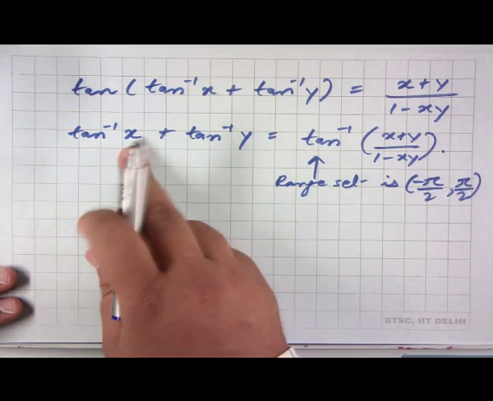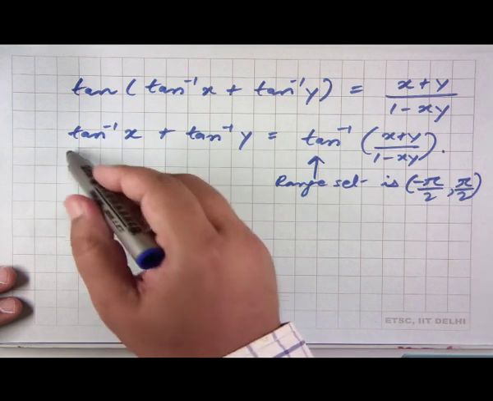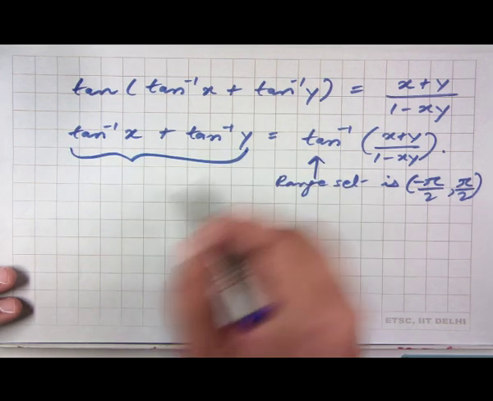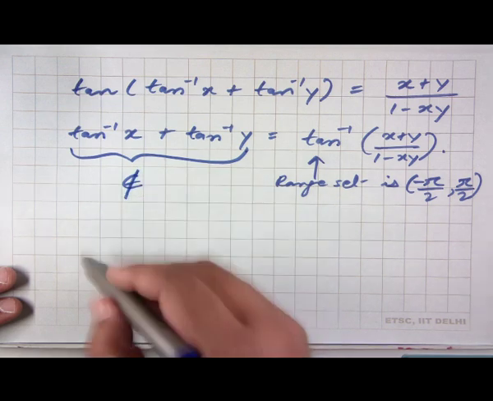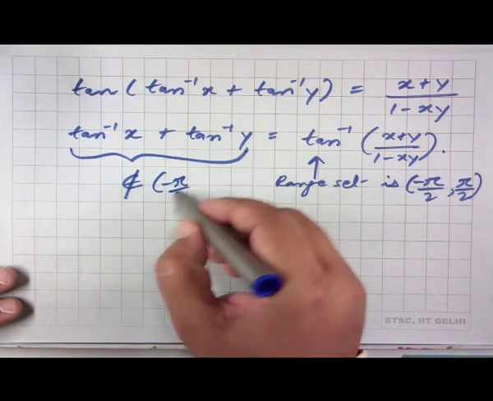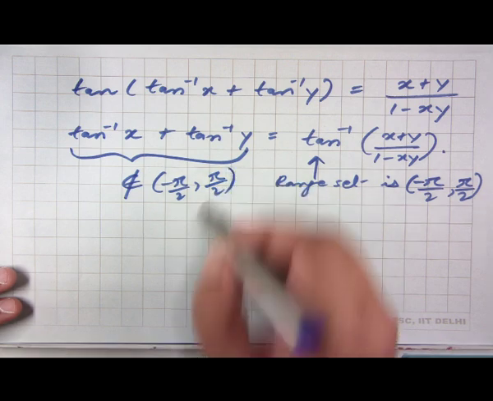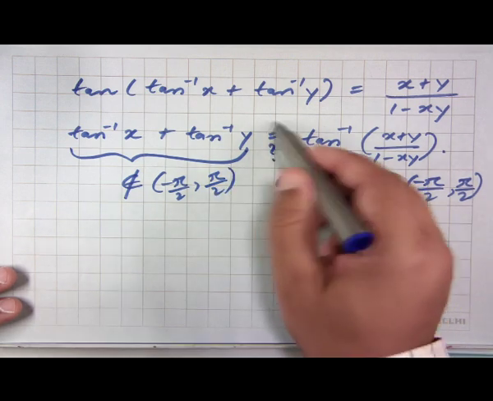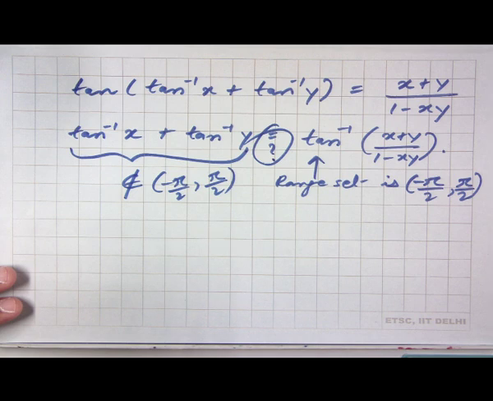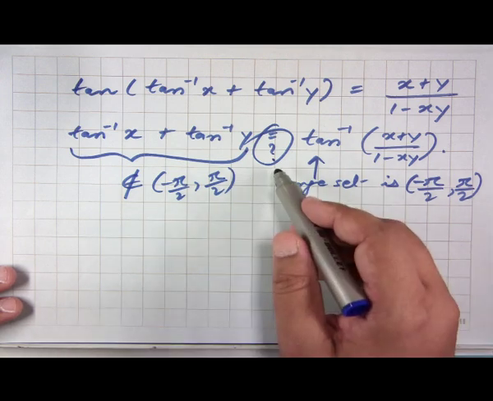So if x and y are such that tan inverse x plus tan inverse y does not belong to the range set of tan inverse, then we cannot have this equality here. So, that is the problem.